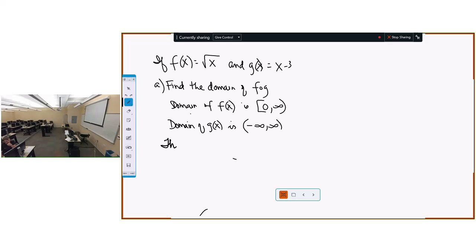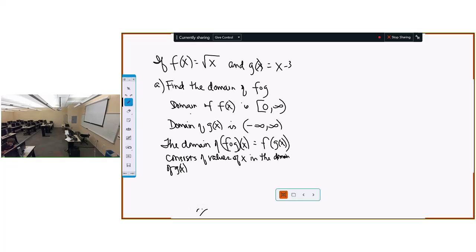So the domain of f circle g of x, which we know is f of g of x, with g of x being the inner function, consists of values of x in the domain of g of x where g of x is non-negative.